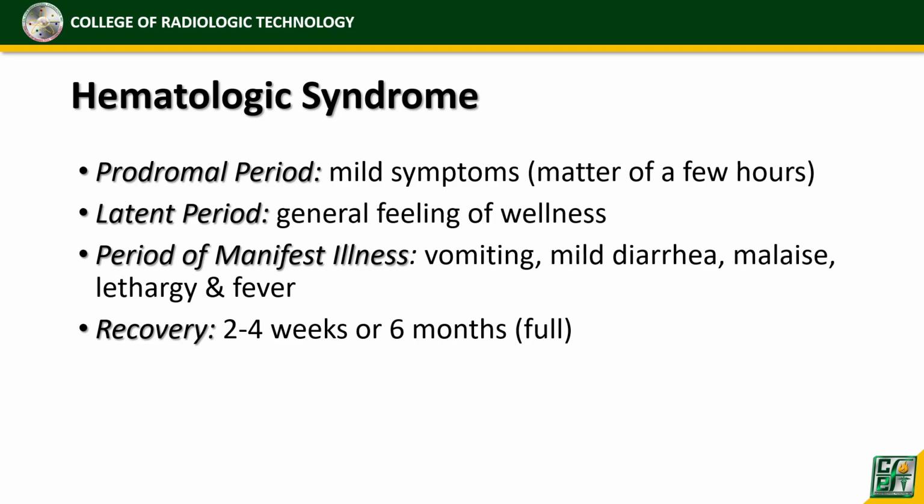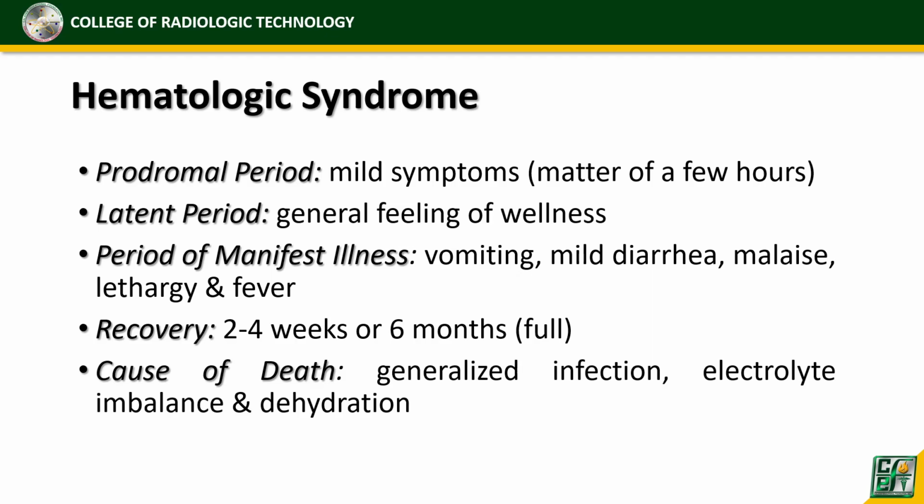So, may full recovery pa kapag dyan pa lang sa hematologic syndrome ang nangyari. Pwede pang makabawi. However, pwede rin siyang mag-lead to death. So, ano yung magiging cause of death niya? General infection, electrolyte imbalance and dehydration.